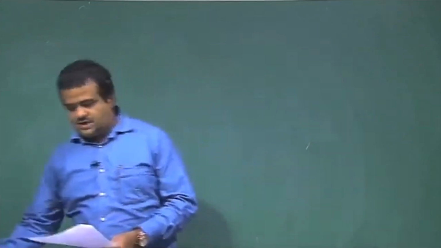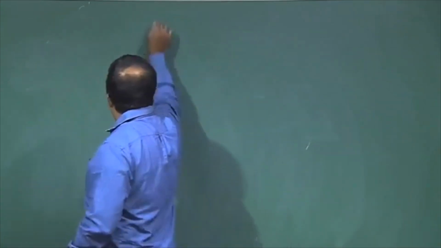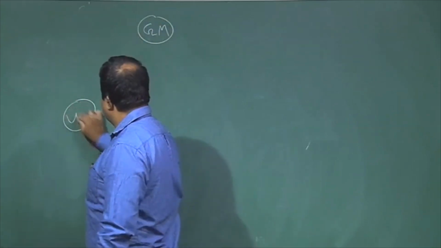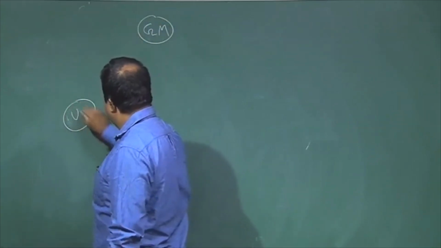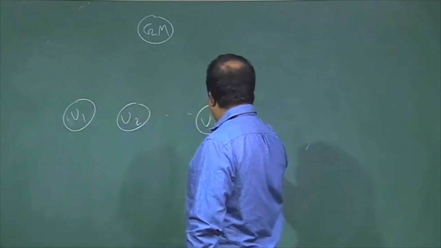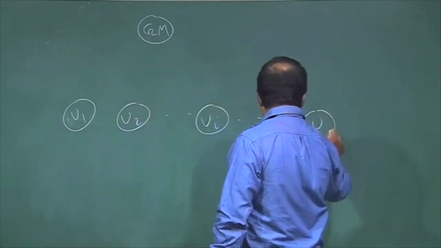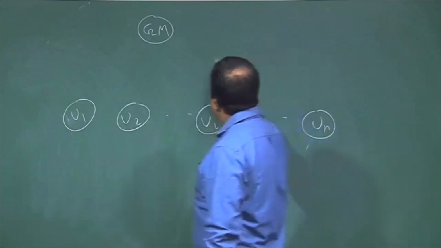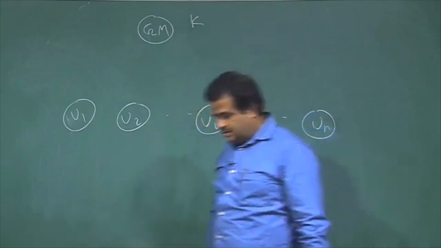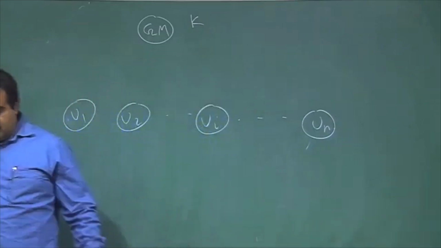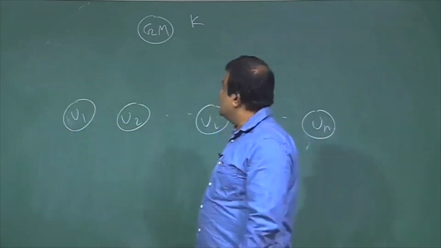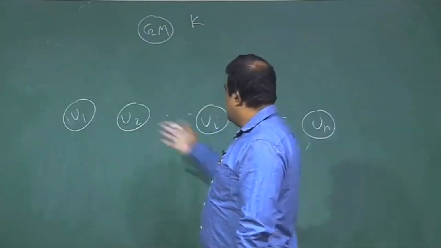Let us say this is the group manager and these are the users U1, U2, Ui, up to UN, and suppose this is the secret key that the group manager wants to share with these users.